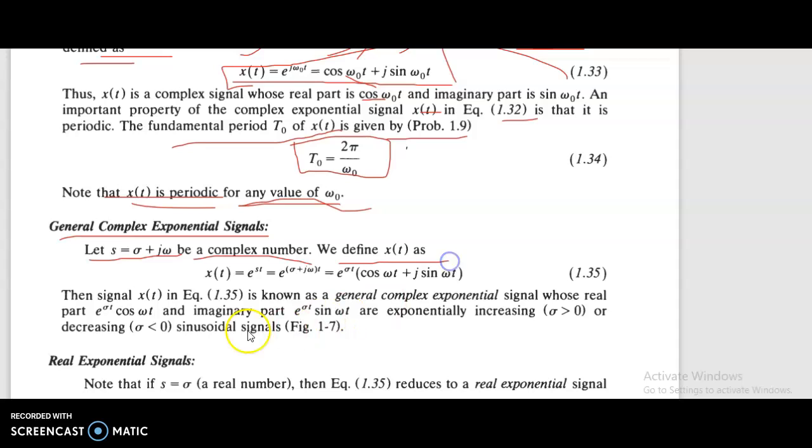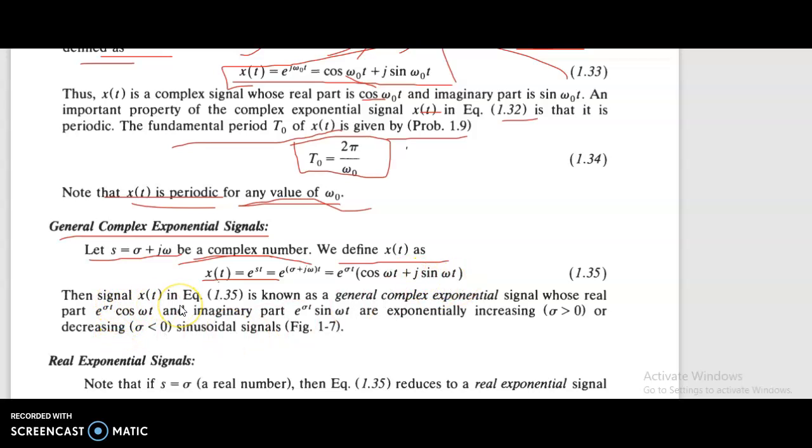We define x of t as x of t equal to e power st equal to e power sigma plus j omega times t, equal to e power sigma t times cos omega t plus j sin omega t.